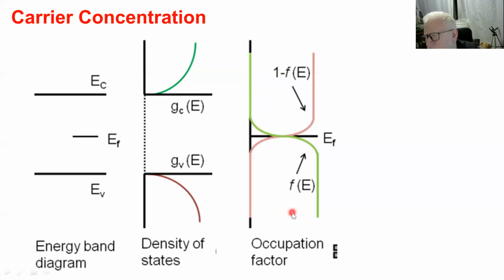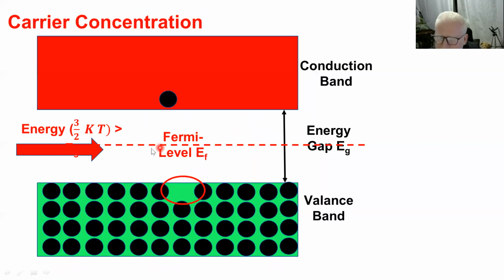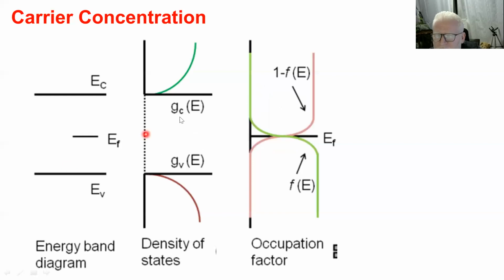However, most of the electrons are in the valency band, and this agrees with this schematic. As you can see, most of the electrons are bound in the valency band. Only a small amount of electrons will transfer from the valency band to the conduction band due to the thermal energy. So, as you can see here, this small amount of electrons is now in the conduction band.